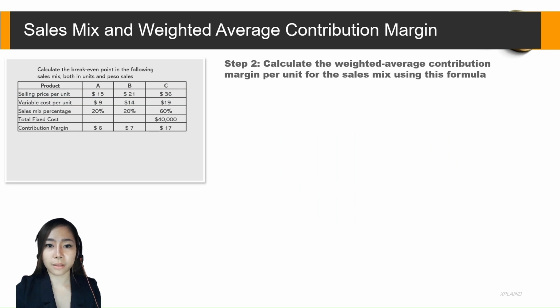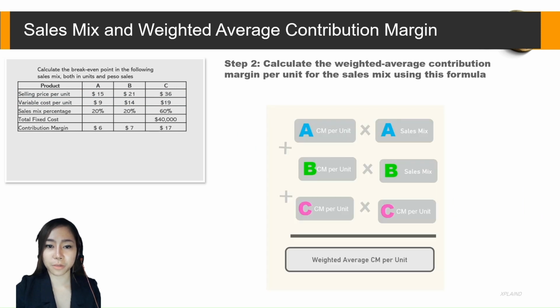Step 2, calculate the weighted average contribution margin per unit for the sales mix using this formula. So product A, contribution margin per unit is 6 multiplied by product A sales mix percentage, which is 20%, plus product B, contribution margin per unit, which is 7 times the sales mix, which is 20%, and product C, which is 17 contribution margin per unit, multiplied by its sales mix, which is 60%.